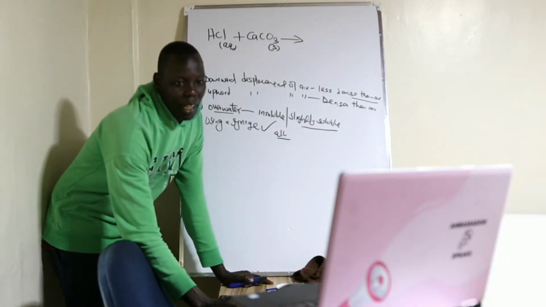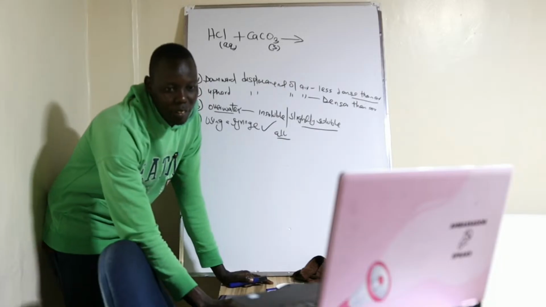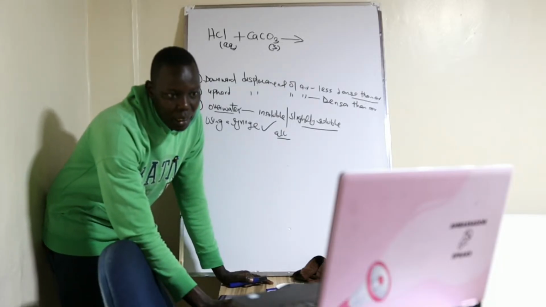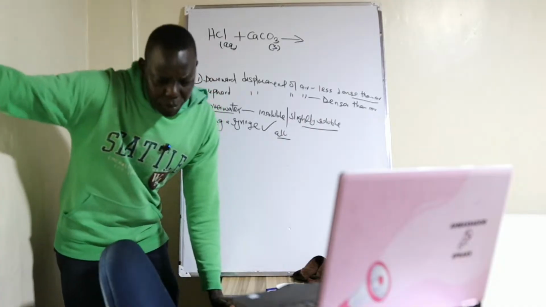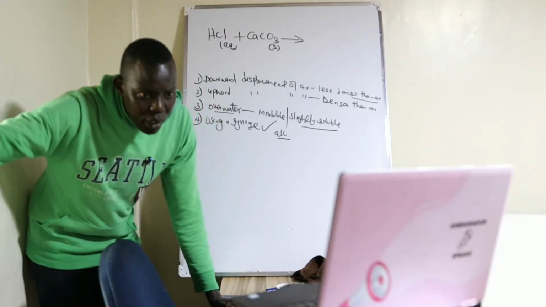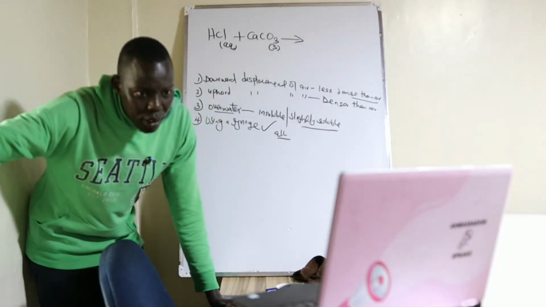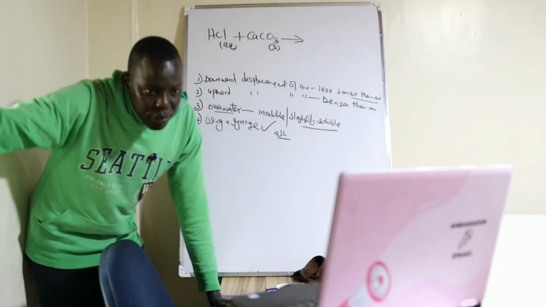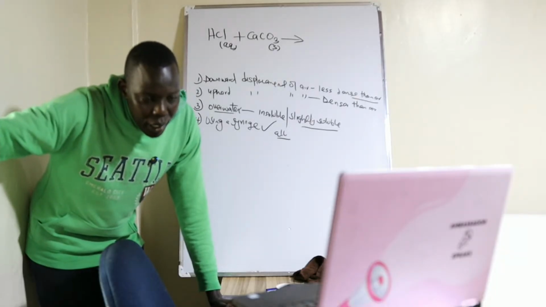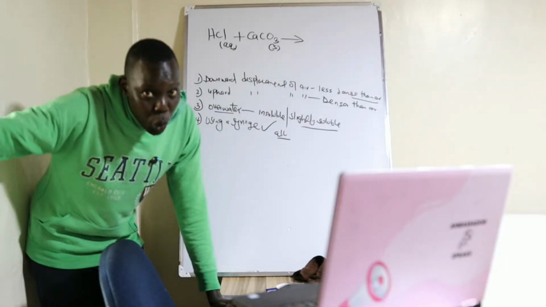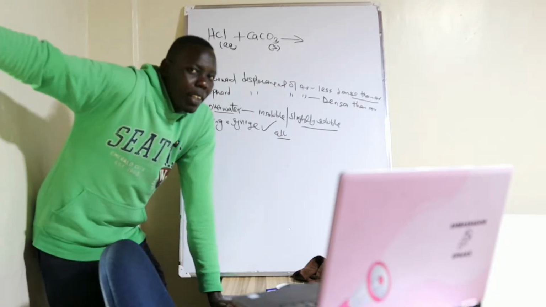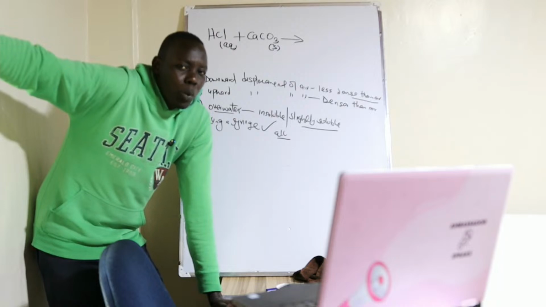Now, let me look at whether there is a question on the side. They're saying over water for oxygen. CO2 is soluble in water, so we cannot use over water. Okay, it is also not highly soluble, but it is soluble.